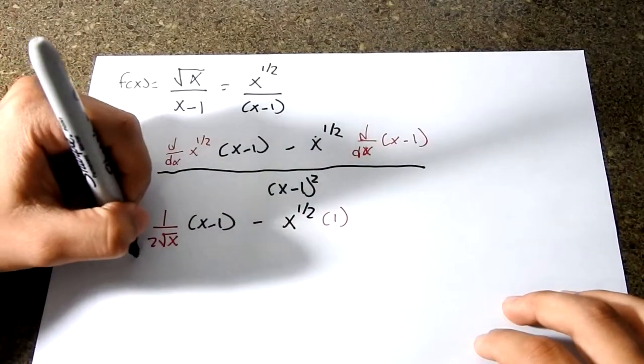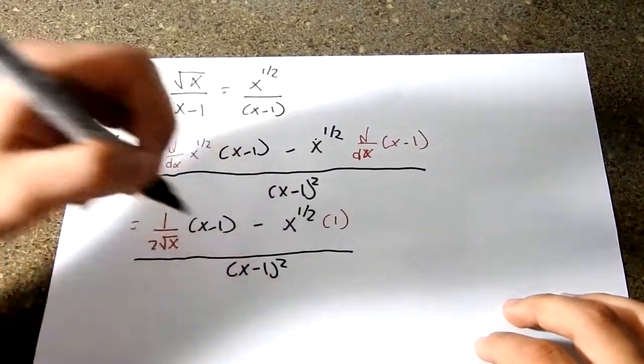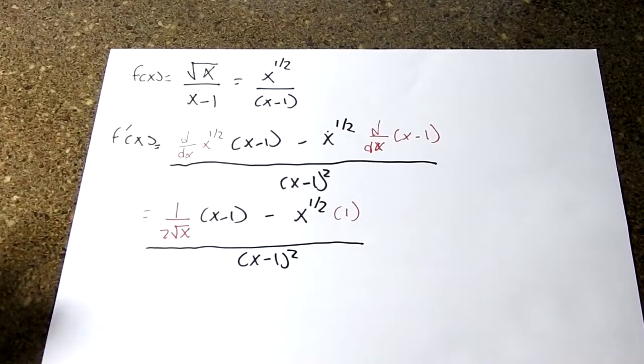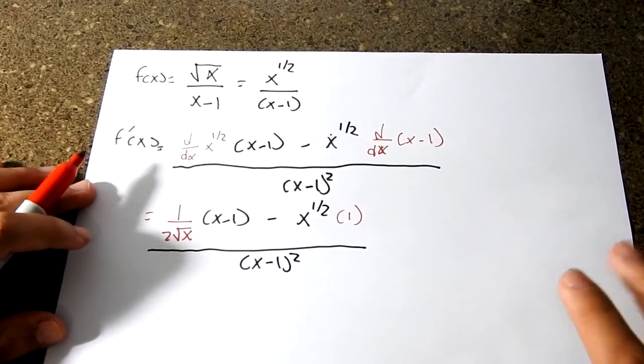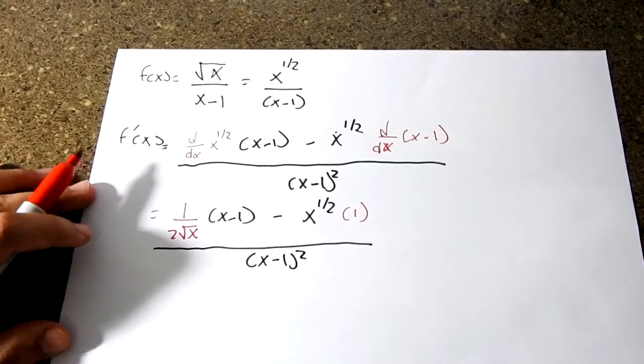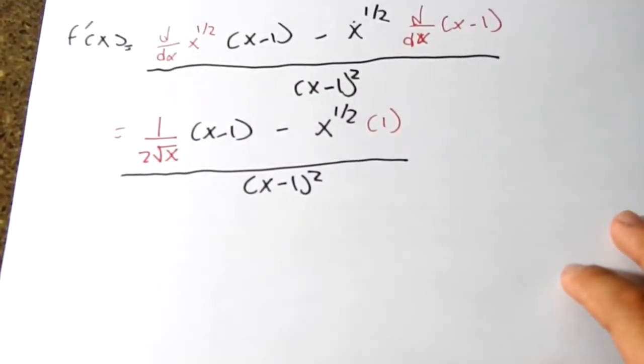Then we have again all of this divided by x minus 1 squared. So I can already see that we have to split the fraction to make things easier, and we're going to do this right now.